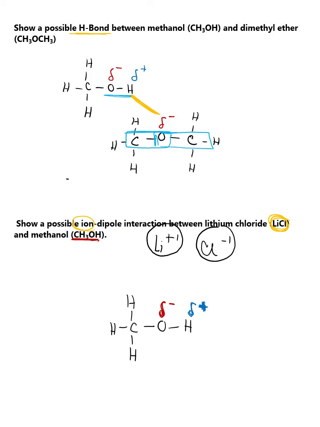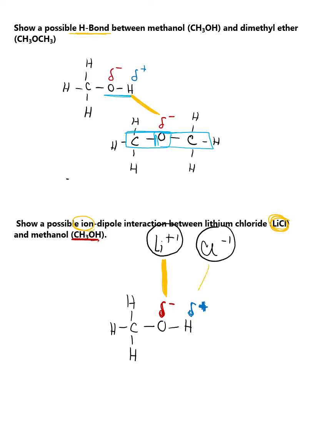Ion-dipole means that your positive ion is going to be attracted to any negative delta minus in your compound. So my methanol molecule here has a polar bond between oxygen and hydrogen. That oxygen has a delta minus because it's the most electronegative one. So you have that attraction.